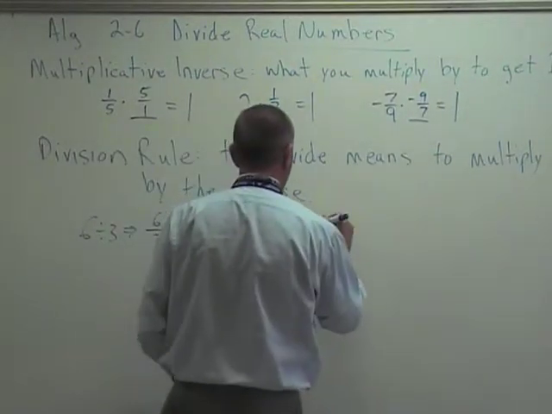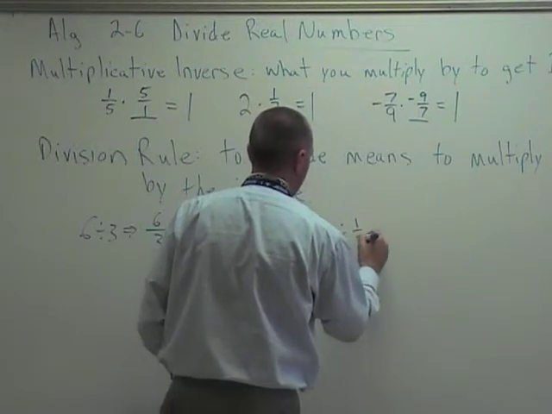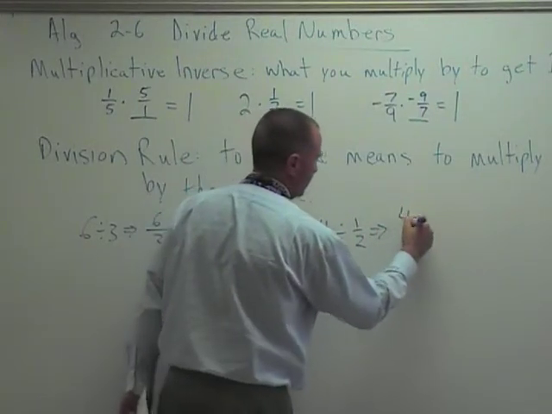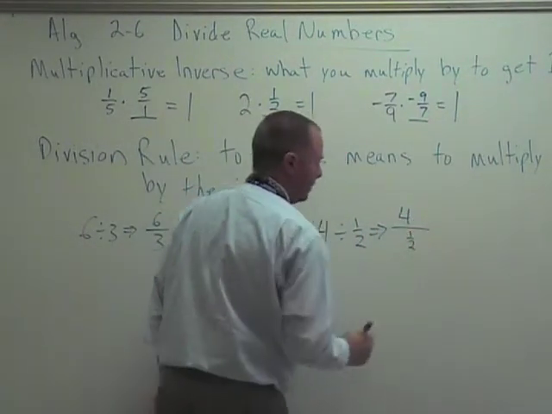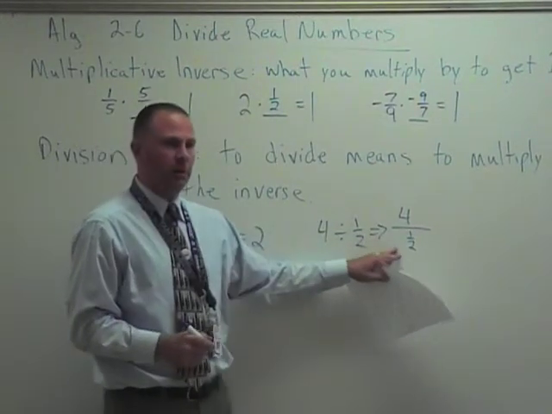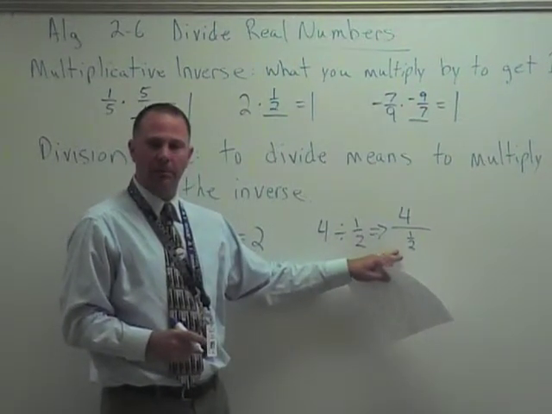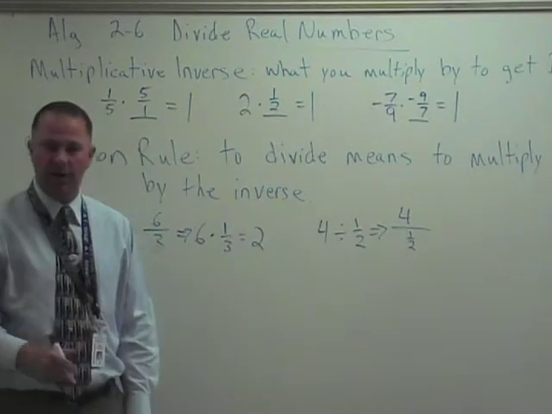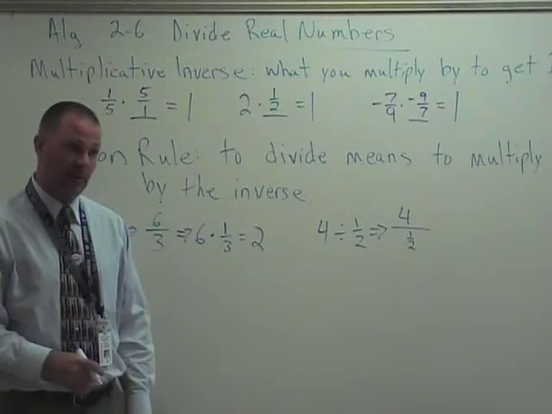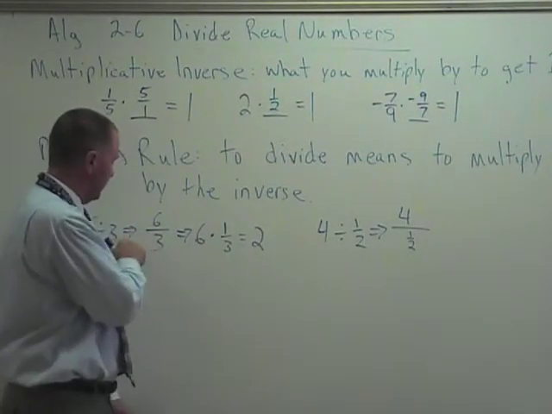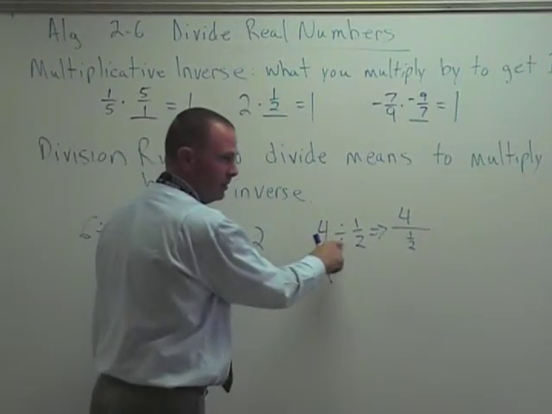Let's take 4 divided by 1/2, which is also the same thing as this. You will have some problems that end up with fractions inside of fractions, and I've already told you how to do this. We've already worked these types of problems out.